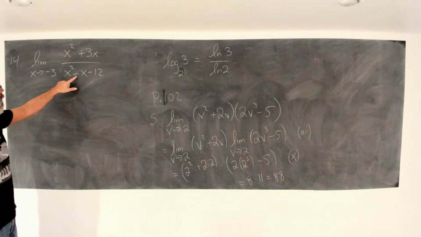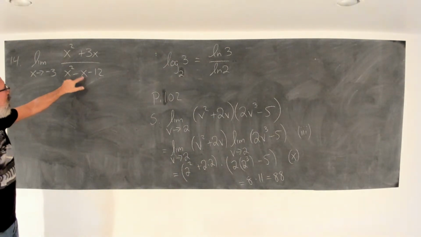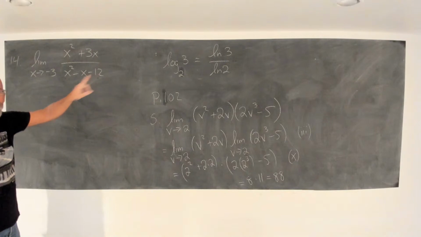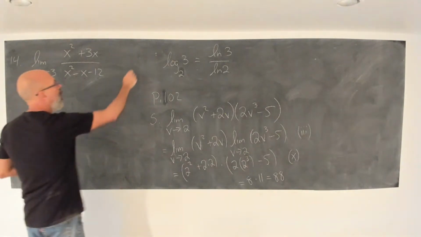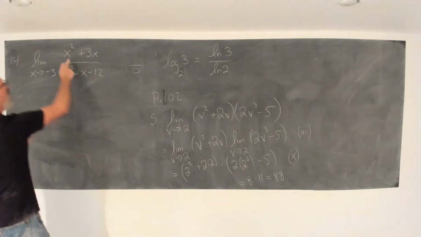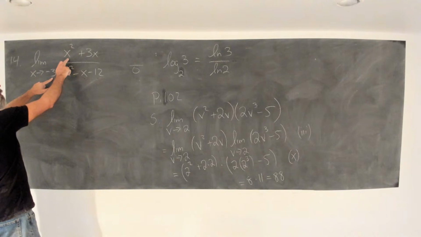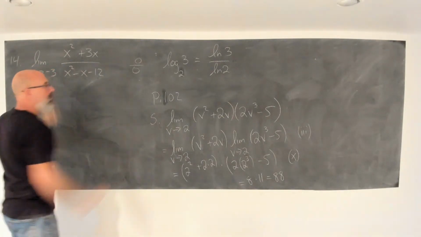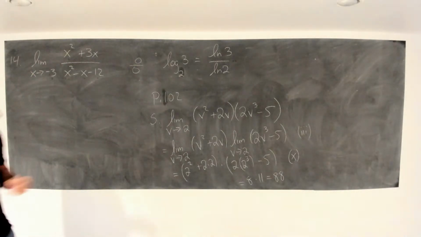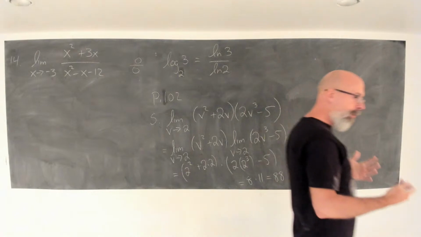We get 9 minus 3. So 9 plus 3 is 12. 12 minus 12 is 0. So now we have an issue, because the denominator is 0. And if we look at the numerator just momentarily, this is 9 plus negative 9. So the numerator is 0 as well. So we have a 0 over 0 here.